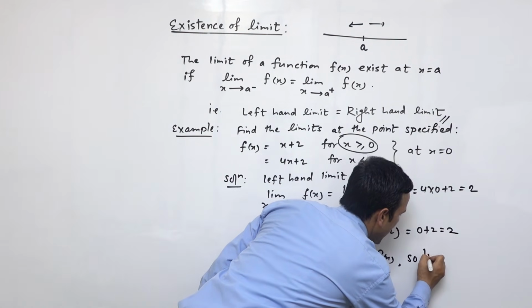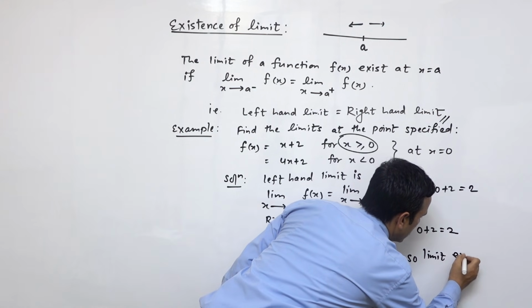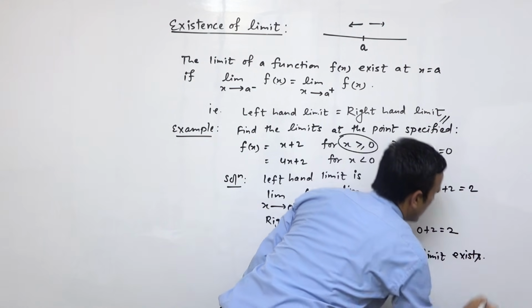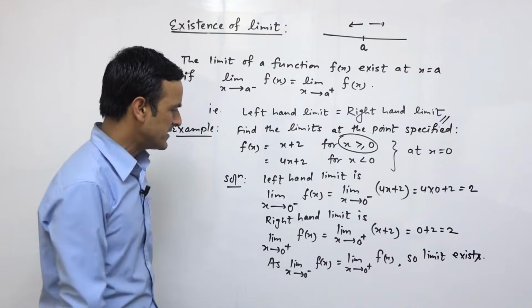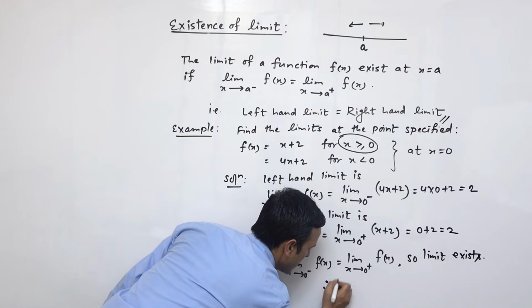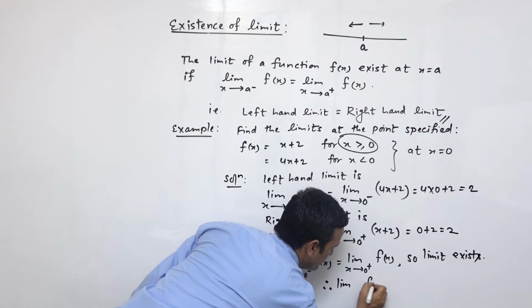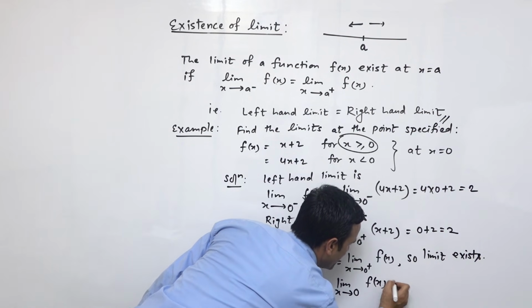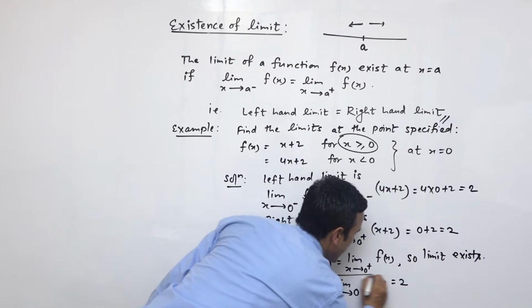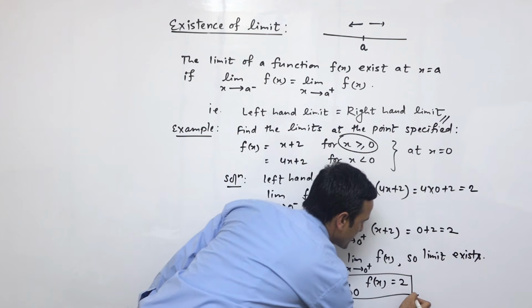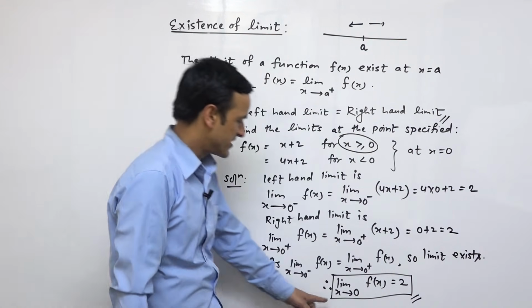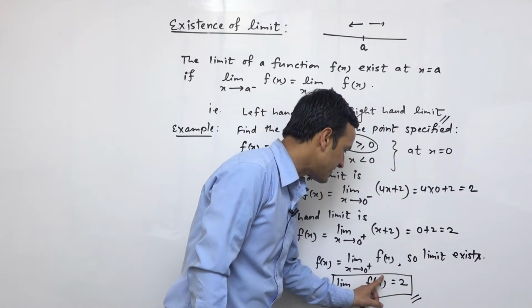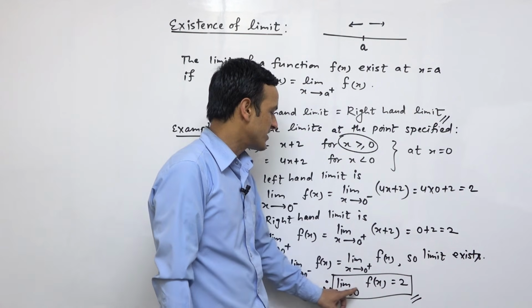So limit exists, or there is existence of limit. Therefore limit of function f(x) when x tends to 0 is equal to 2. So this is the answer or value of this function.